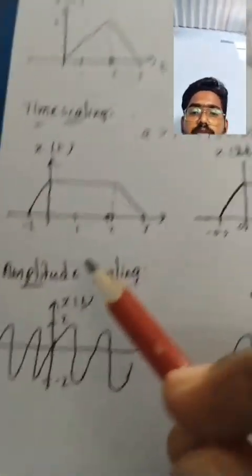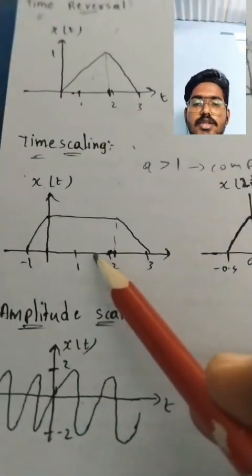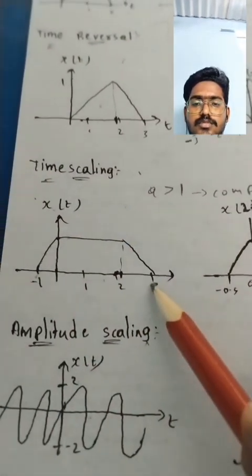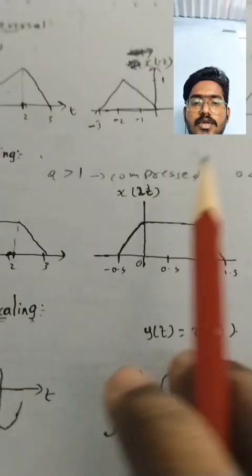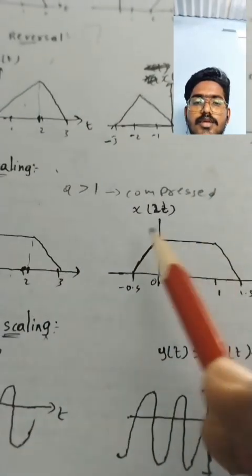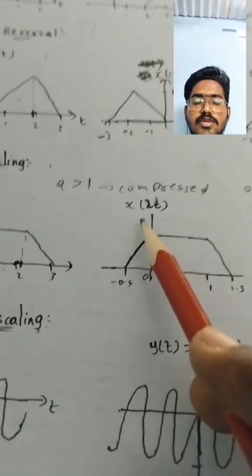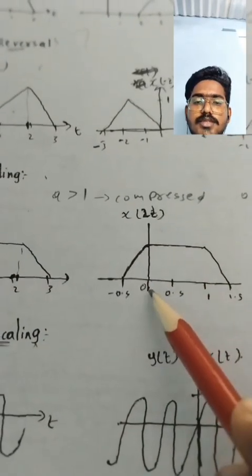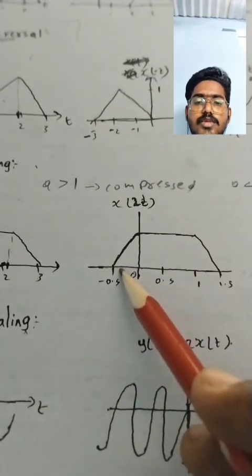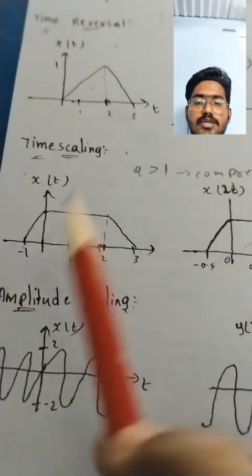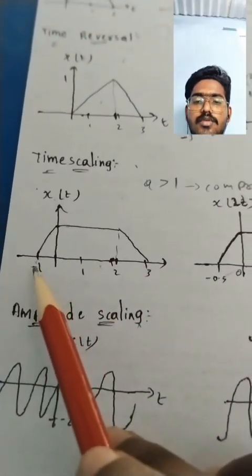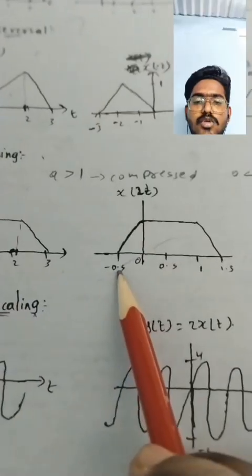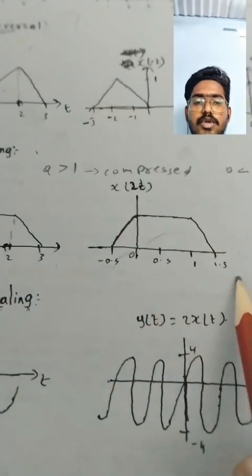This is the actual signal we take. If we take x of 2t, then the signal gets compressed. Further, we have minus 1 to 3, and now we have minus 0.5 to 1.5.